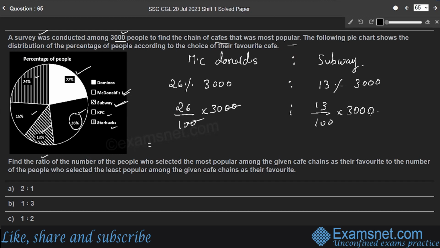Which is nothing but 26 into 3, which is 78, into 30, 780, is to 13 into 3, 39. Here we can cancel 2 zeros, it becomes 390. So 390 into 2 is 780. Therefore, the ratio is 2:1. So the number of people who selected the more popular cafe to the less popular cafe is 2:1, right? Therefore, option A is the right answer.